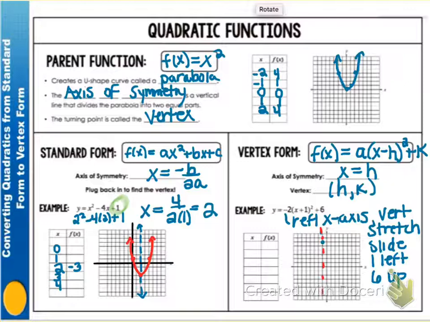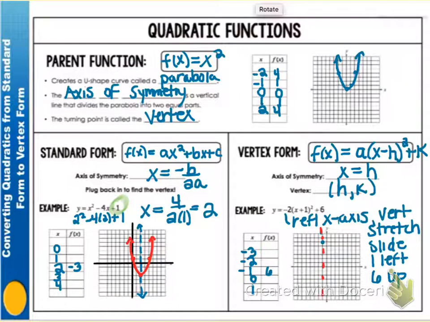We know this graph's going to face down. We could put that point at -1, 6, and then maybe we could pick a point or 2 on either side. Say I could plug in -2, -3. I could plug in 0 and 1 on the other side, and I could come up with the other coordinates.